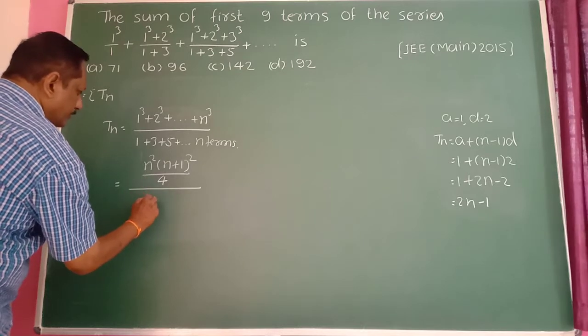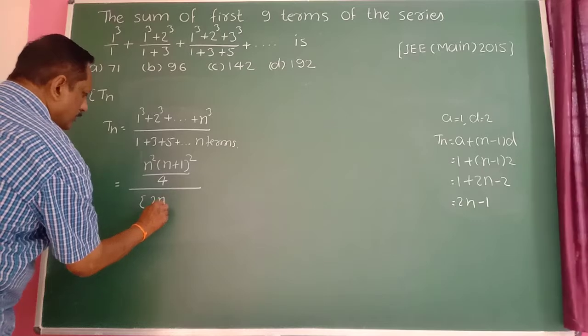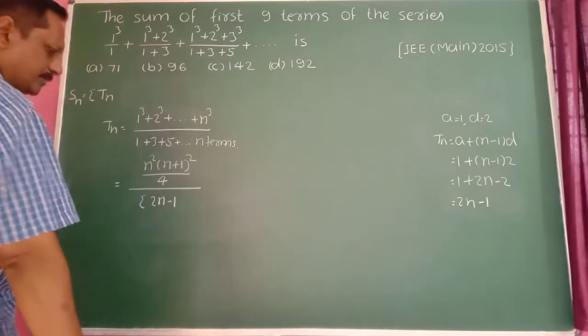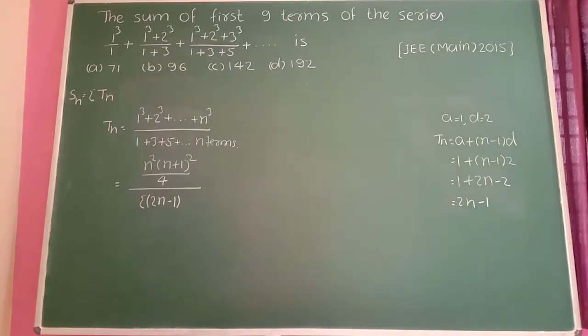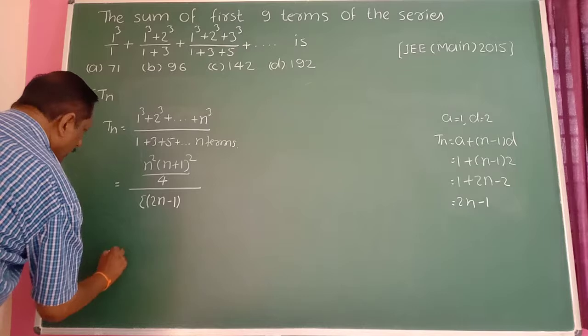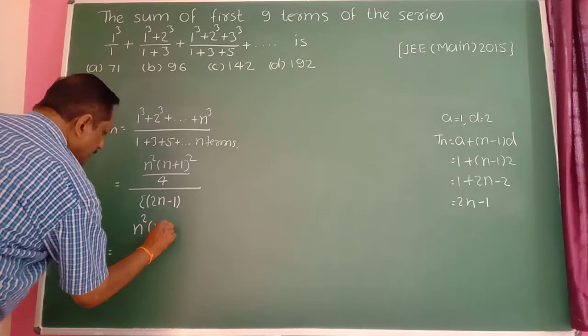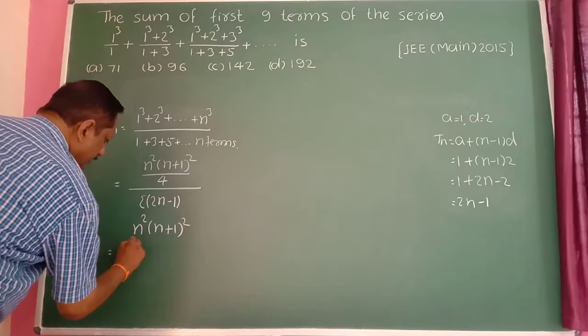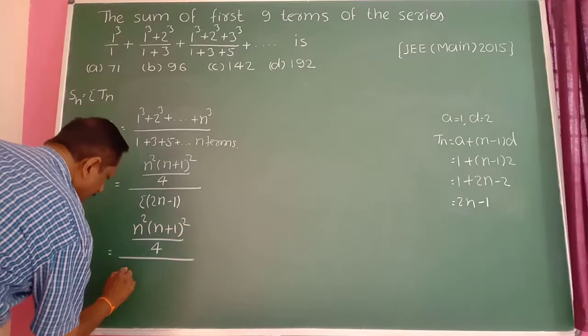So the summation of 2n minus 1 here. Therefore this is equal to n square into n plus 1 whole square divided by 4, whole divided by 2, since 2 is the constant.